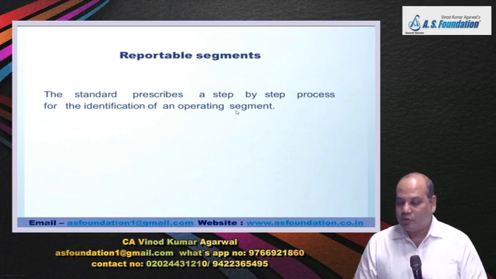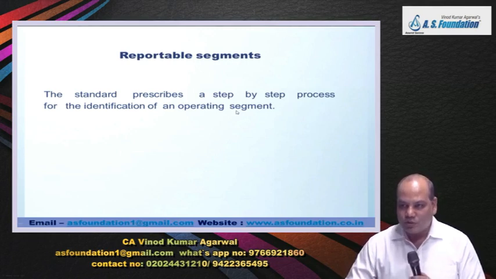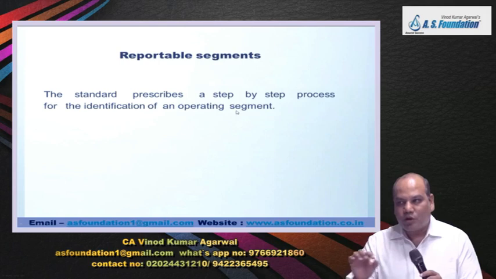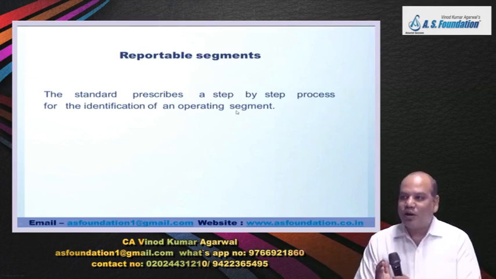No. You have to give disclosure only for your major segments, which the standard tells you how to identify them, or some other segments which are compulsorily required or the management wants to disclose. All these small, less significant segments can be merged together as other reporting segments, others.